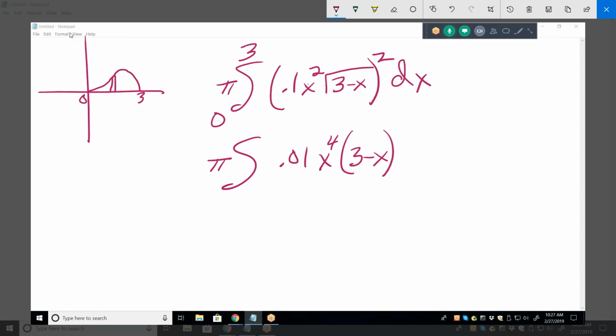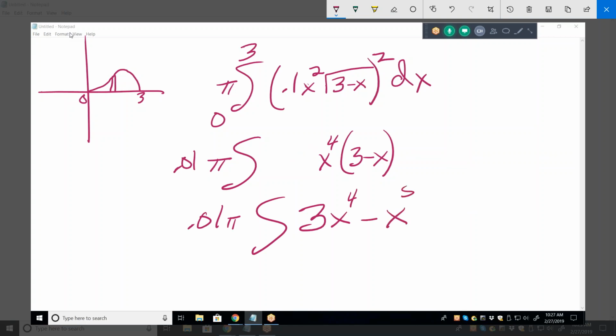With me? Yep. Now we can take that out. Distribute. We got 3x to the fourth minus x to the fifth. That's going to be very simple to integrate.